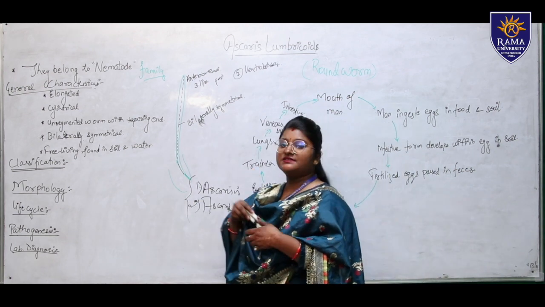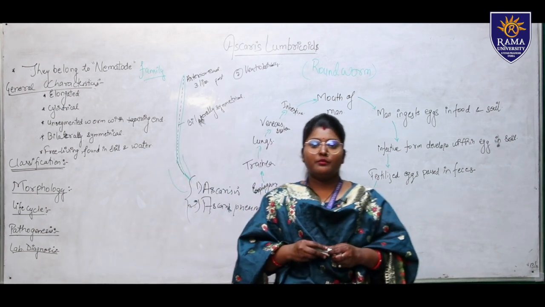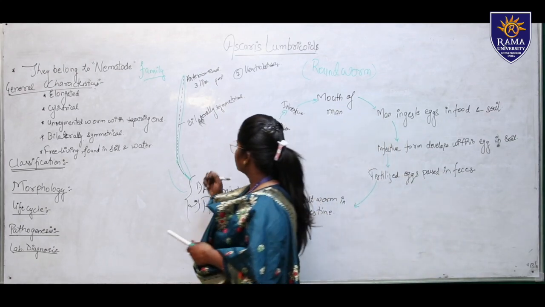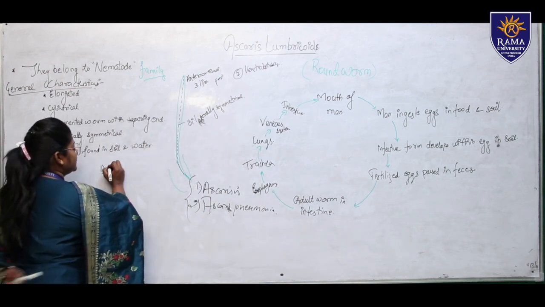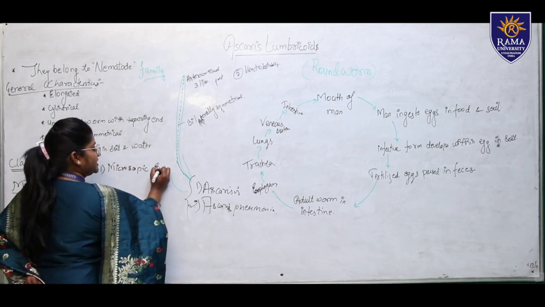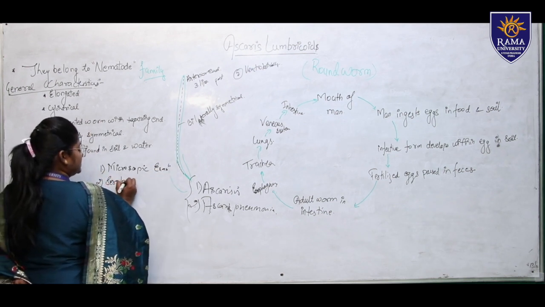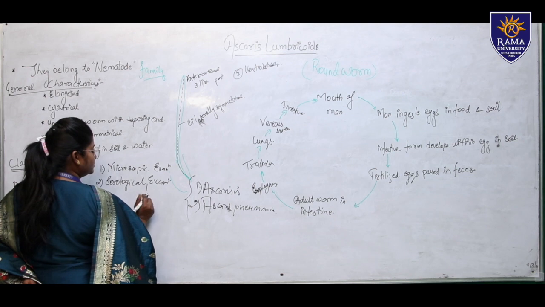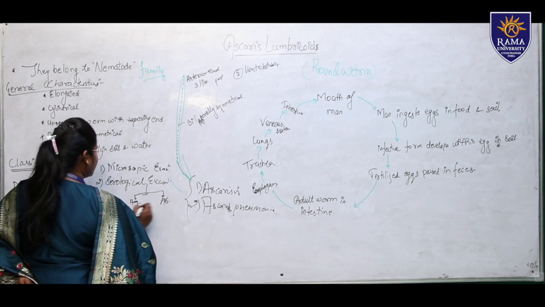Now let's talk about the lab diagnosis. The lab diagnosis includes: number 1, microscopic examination. Number 2, serological examination, which includes antigen and antibody examination.